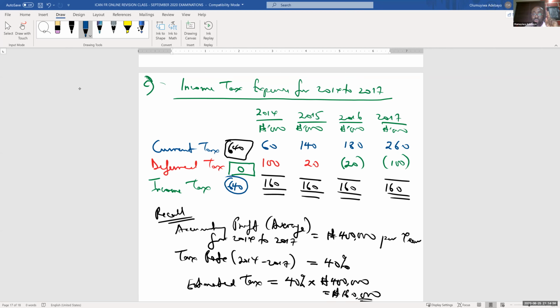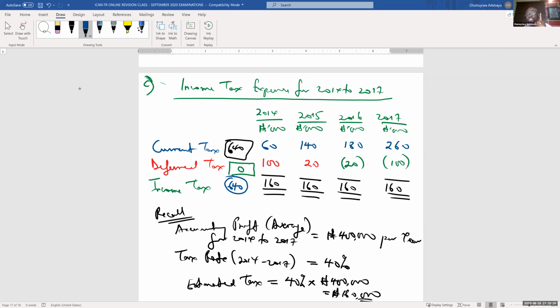Therefore, even though we comply with the law by filing 60, we immediately come back to make provision for an additional 100, so that in our income statement, I will not recognize 60. I will recognize 60 by law and 100 by accrual to make up what? 160. Are you getting it now?